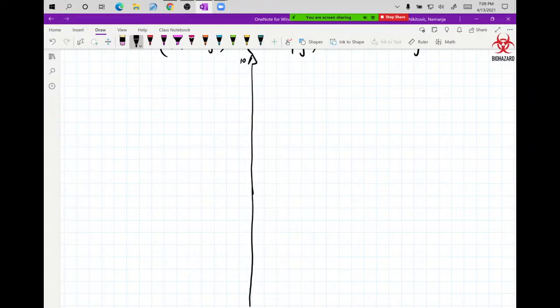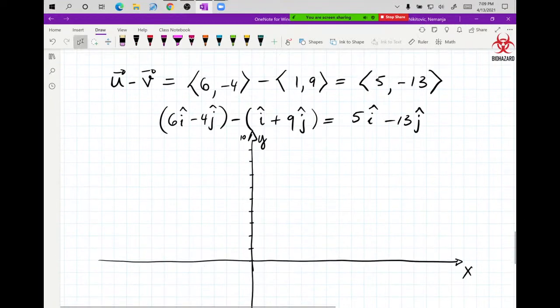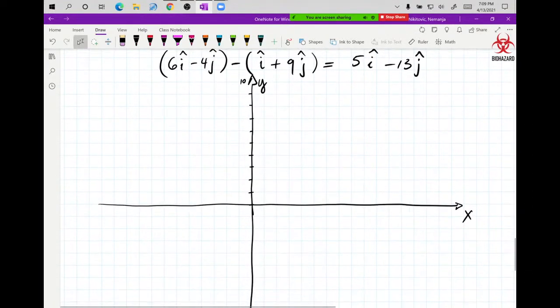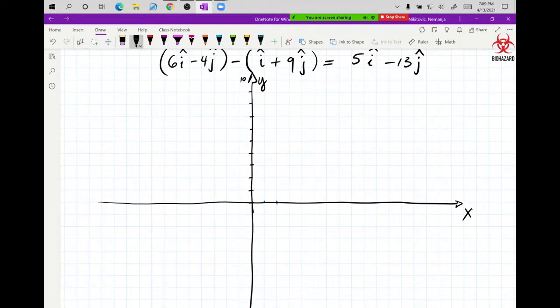If I put this to be 10, 9, 8, 7, 6, 5, 4, 3, 2, 1, 0, and then definitely don't have enough for 13 below, but I can always scroll. So let's put in our basic vectors. It is 6 and minus 4. So 1, 2, 3, 4, 5, 6, negative 4. 1, 2, 3, negative 4.